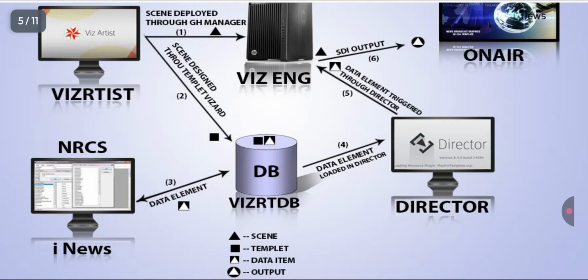Then the data elements are loaded in director, that is point 4, and from there the data elements are triggered through director. Okay, I'm talking about the symbol of that triangle with a black square. It is routed to which engine, and from there the final output SDI, which is for on air.